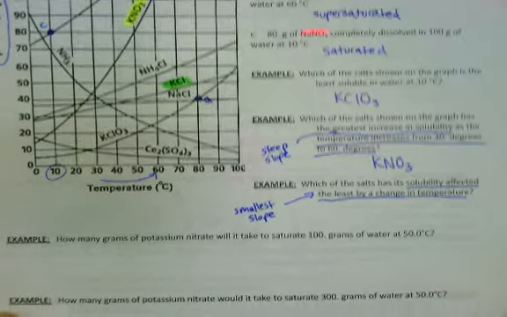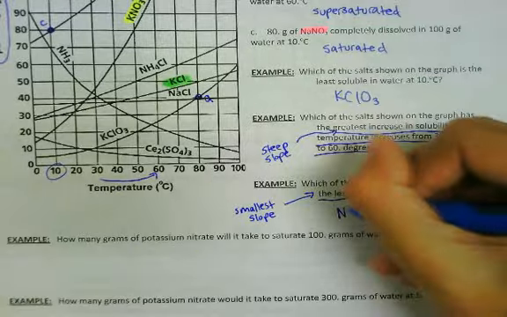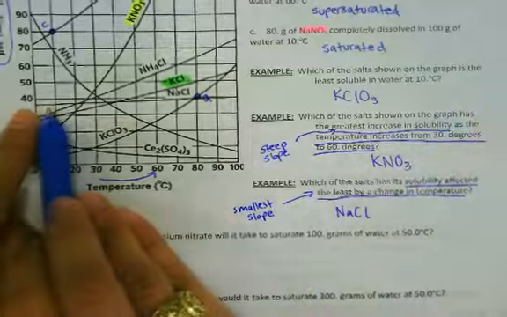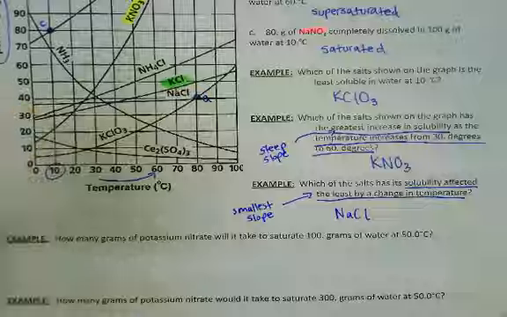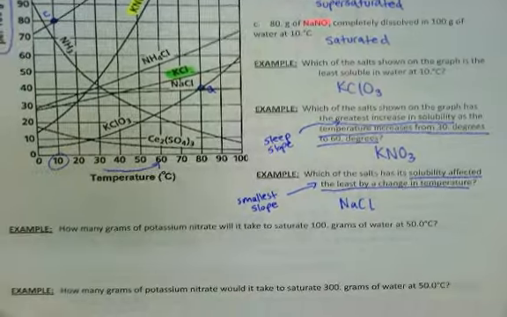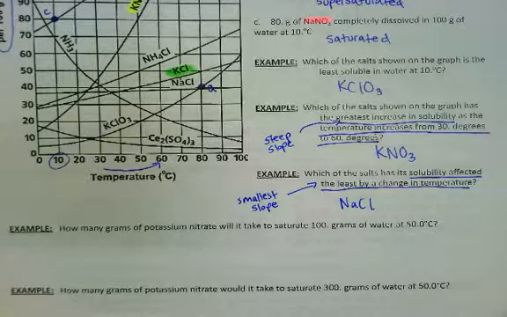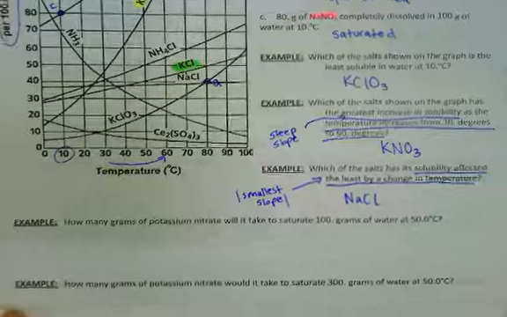So for our smallest slope here, which one has the solubility affected the least by the change in temperature? NaCl, yeah, this little guy that was kind of trying to hide. It almost looks like a straight line there, but that is NaCl. Okay. Any questions there? Yeah, absolute value. Okay, smallest slope.